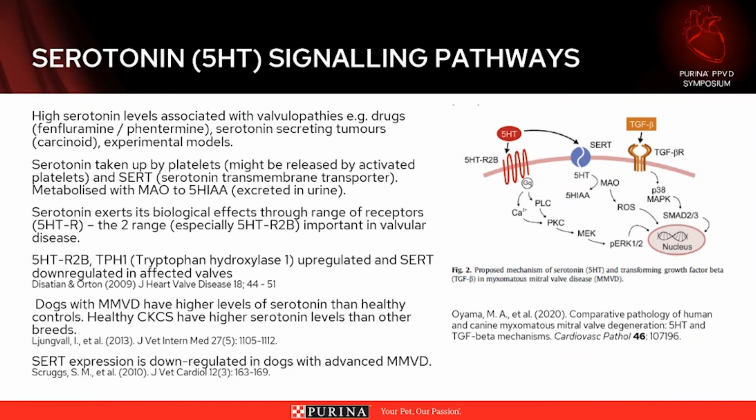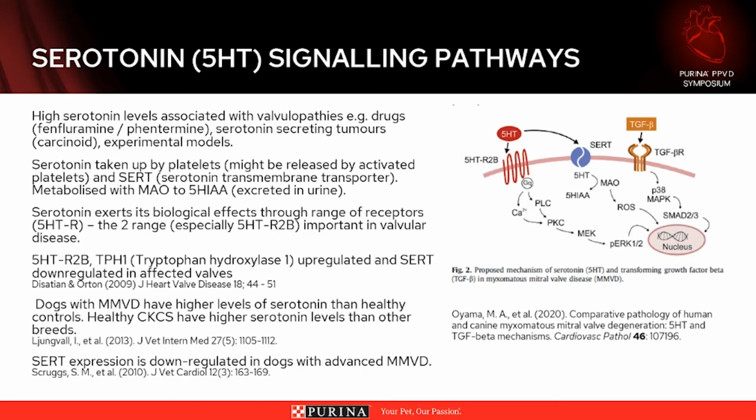This could be associated with drugs like our diet drugs or weight loss drugs, the fen-phen pathways. We can have tumours of the enterochromaffin system that produce serotonin, so carcinoid syndromes. We can have experimental models where they have higher serotonin levels, and all of these cause valve changes, myxomatous degeneration of the heart valves.